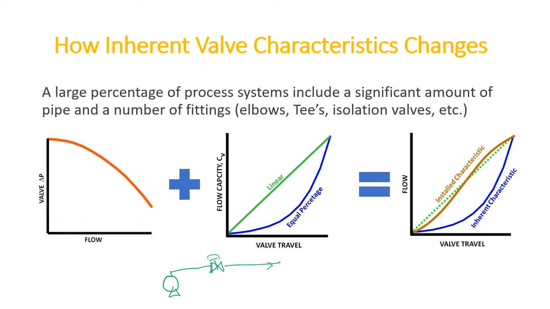In that case, with the decrease in the flow, the delta P across the valve increases, because the pressure drop in the pipeline is reduced. Now if we are using a linear valve and an equal percentage valve, and this is the valve inherent characteristics, then the installed characteristics of the valve become something like this.